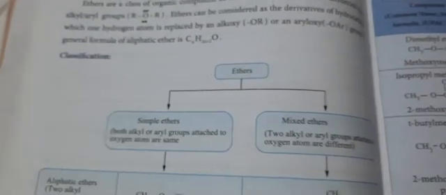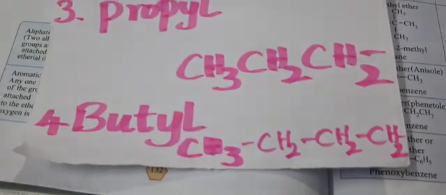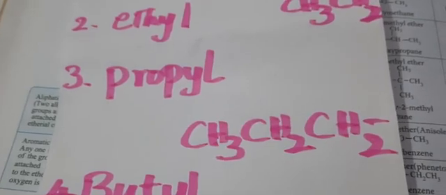Oxygen is linked with two alkyl groups. What do you mean by alkyl group? Methyl, ethyl, propyl, butyl, pentyl, hexyl, heptyl and so on. These groups are collectively known as alkyl group.